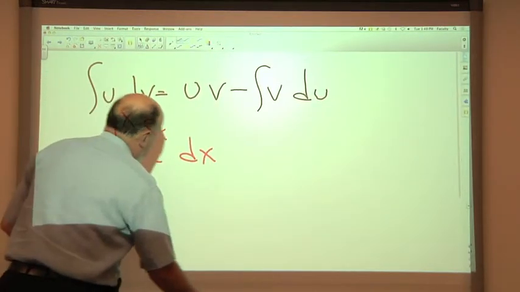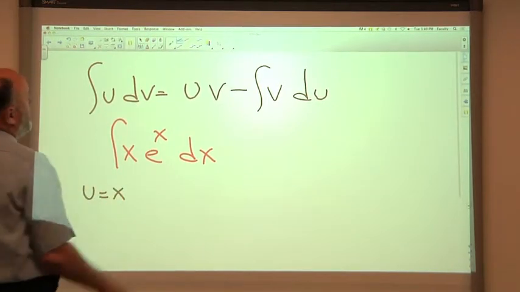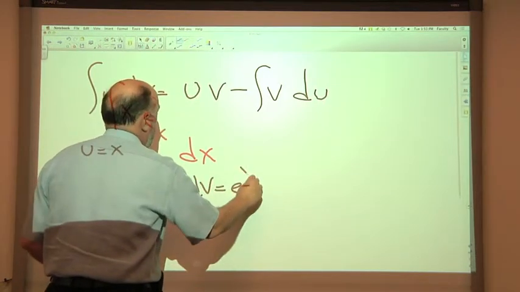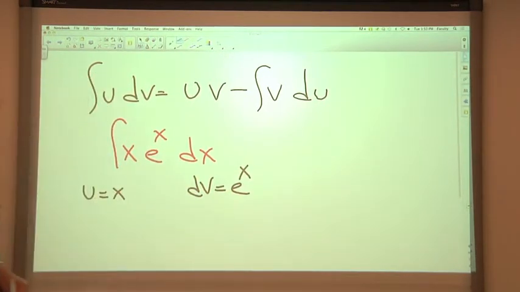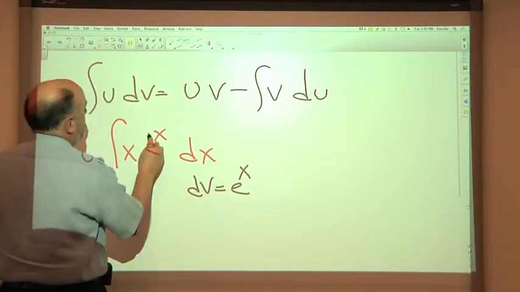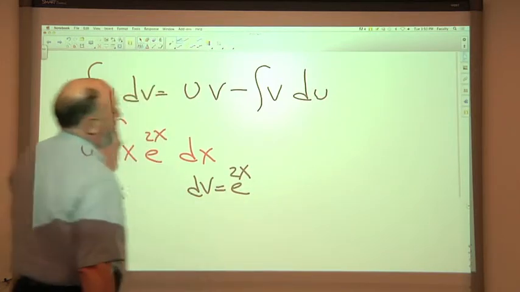Which means in this case, we're going to have u equal to x, which means dv is going to be e to the 2x. Actually, it was e to the 2x, so there's a 2 in there. Let's make the problem right. There we go, 2x.